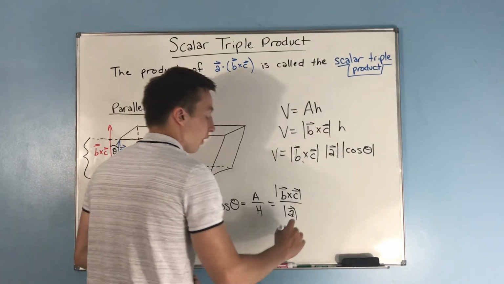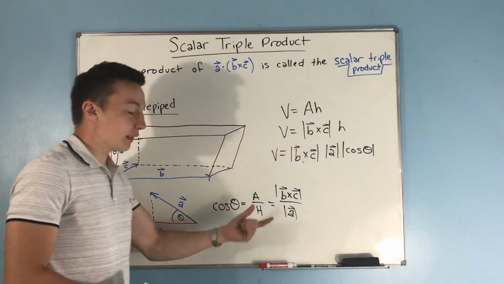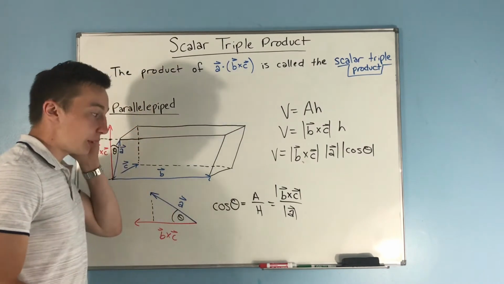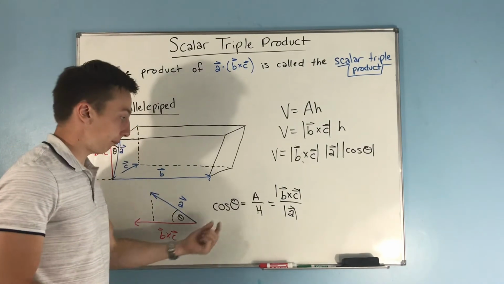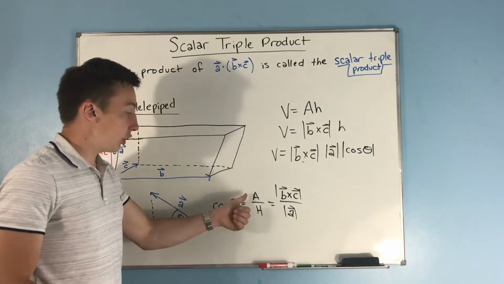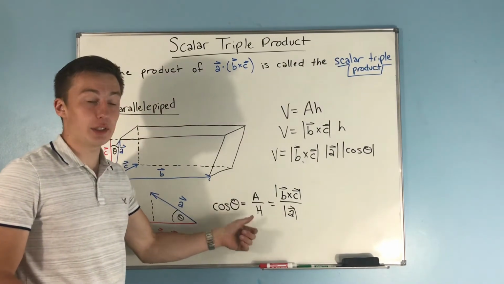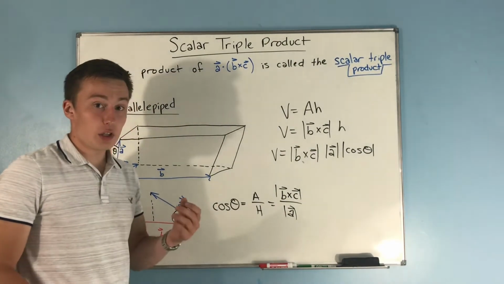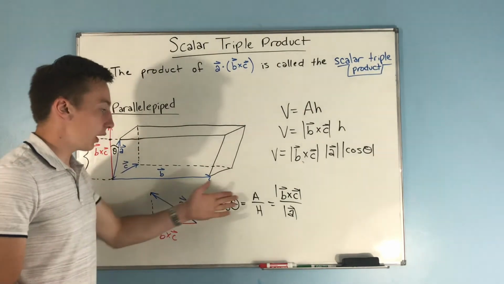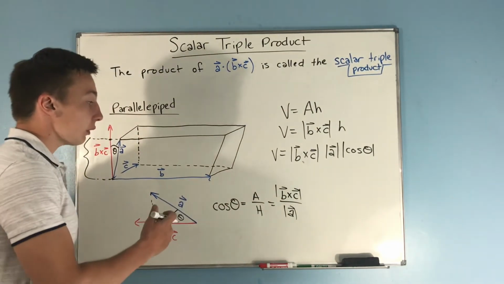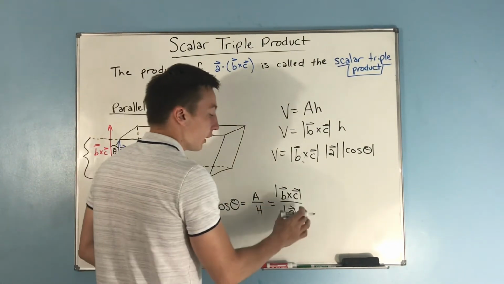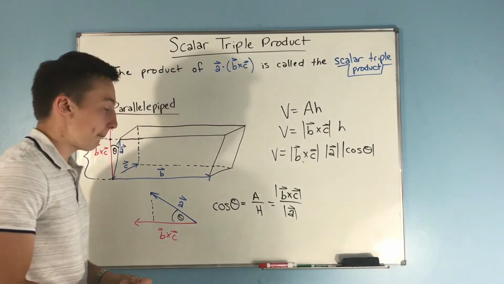Okay? Again, think about it. When you were finding this maybe in trigonometry, algebra 2, whatever it is, you didn't put vectors into the adjacent and your hypotenuse, okay? You put scalars. We're talking about lengths here. So we find the magnitude of B cross C, we find the magnitude of vector A, okay?